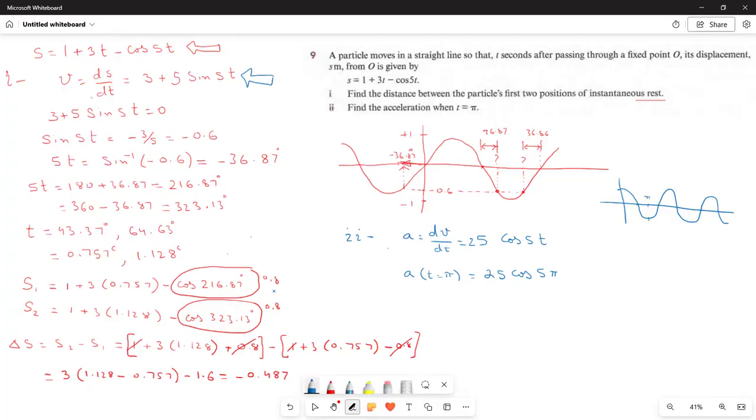At 3 pi, because this is 2 pi, it's again minus 1. And again at 5 pi, it's again minus 1. So for every odd multiple of pi, it is going to be minus 1. So this will make it minus 25 meters per second squared. And this displacement was in meters.